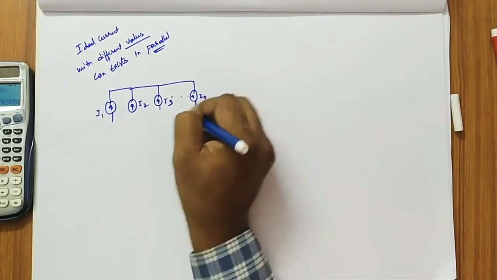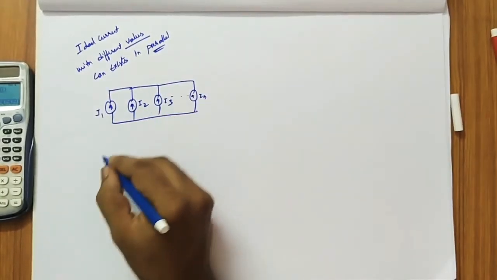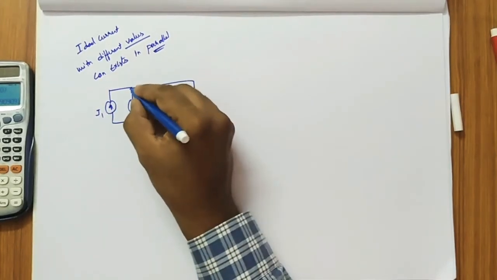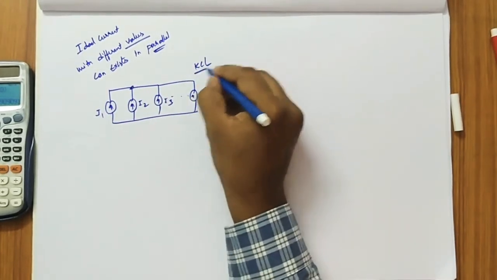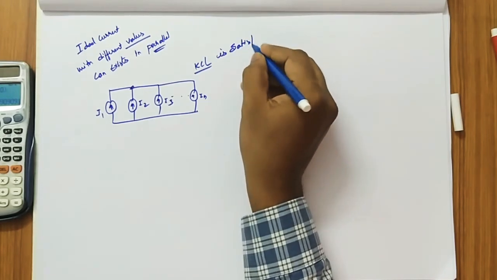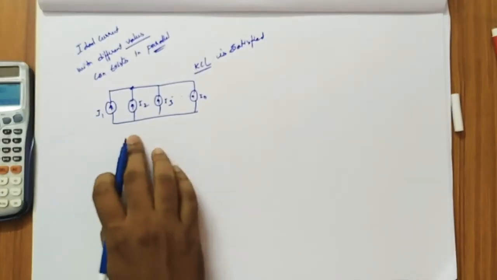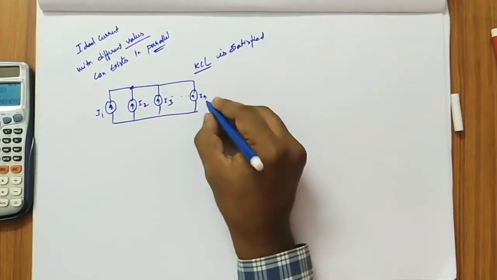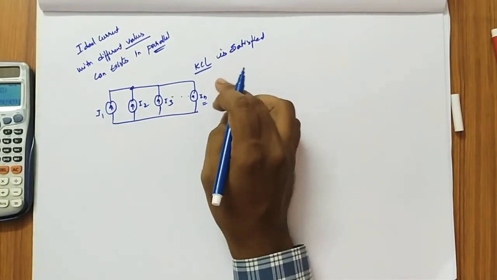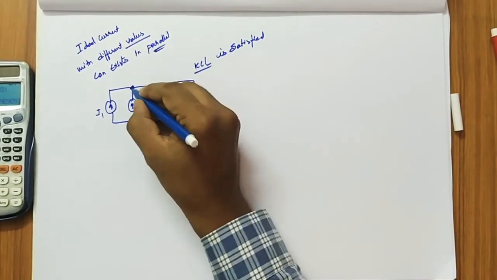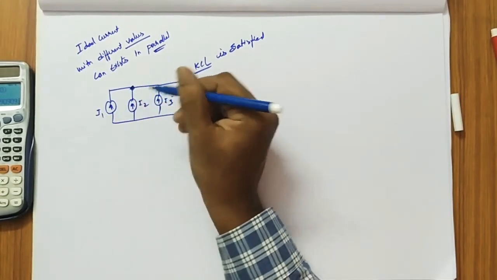So what happened here is that KCL is satisfied. For different values, infinite numbers of currents can be connected in parallel. KCL satisfied means the currents entering the node equal the currents leaving that node.